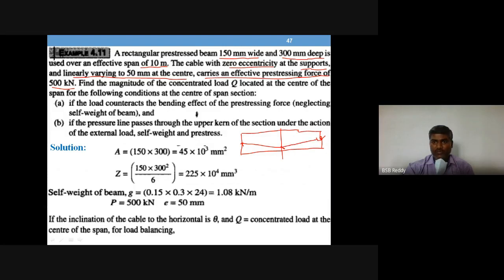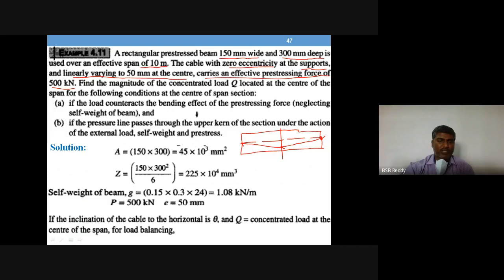It has to join with the midpoint of the cross section. So that's how the cable is like a triangular shape. Just join by straight lines. This being the CG of the concrete, this is 50 mm here and 0 here. That is what is given.